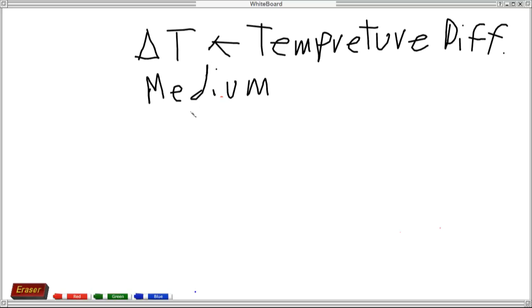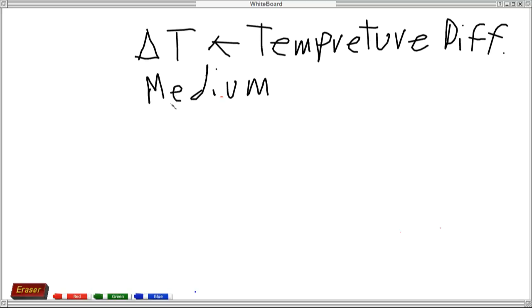Okay, so the medium is very important because it determines not only how but what heat is going to be traveling through.